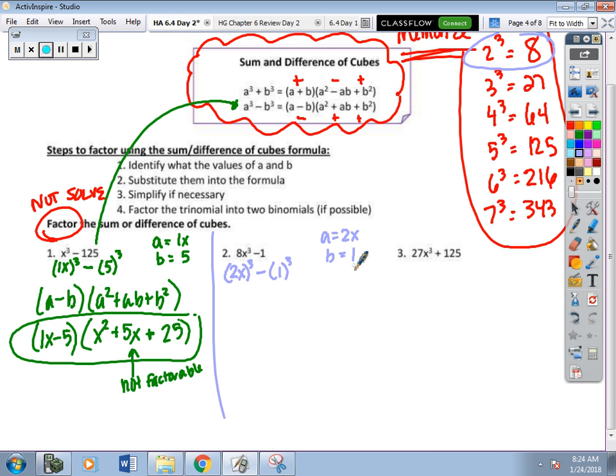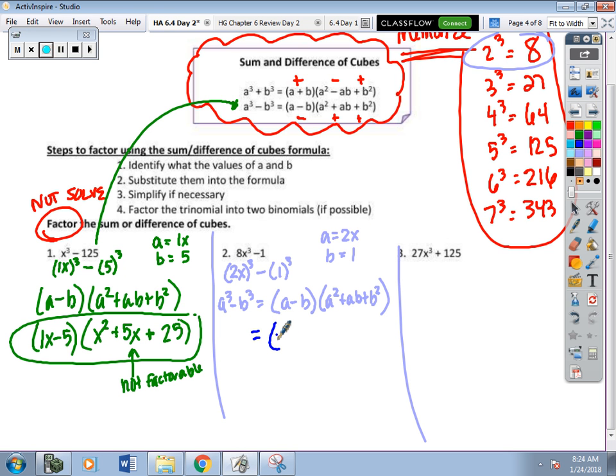And then we use the formula. This one's also the difference of cubes, so we're going to use the same formula we did last time. A cubed minus b cubed equals the quantity a minus b times the quantity a squared plus ab plus b squared. The more you do these factoring problems, the faster you won't have to write out the formula every time. You'll just kind of memorize it, but while we're starting, substitute in your values.